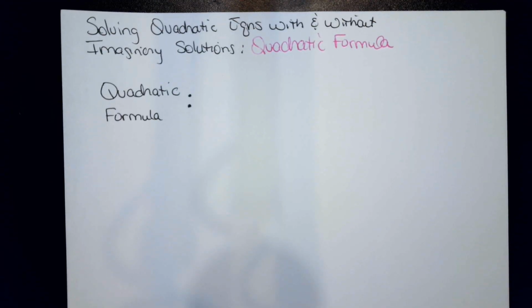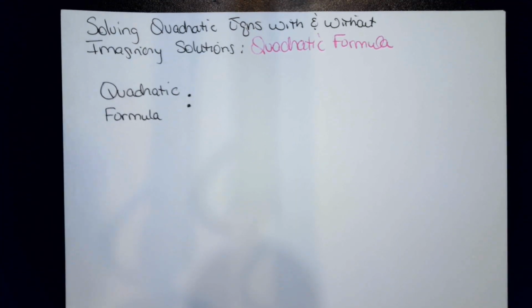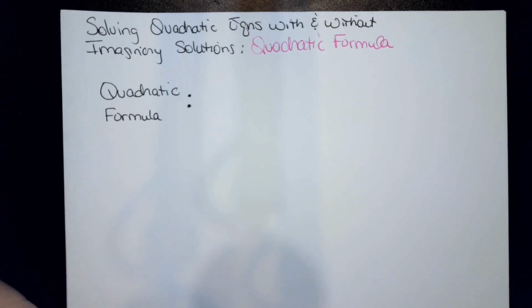Another way that you learn to solve quadratics is by using the zero product property, where you factor your trinomial into two binomials and set each one equal to 0 and solve it that way. But in order to get solutions, you had to have specific types of quadratic trinomials to solve these. But the quadratic formula will solve any quadratic.